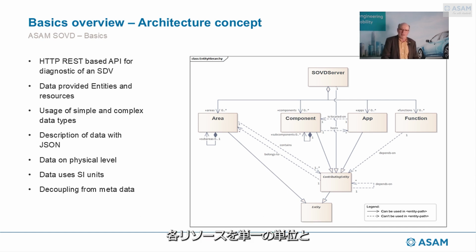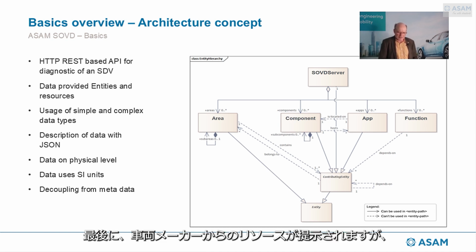We have the possibility that we combine each resource with a physical unit. And we have here used the ASAM concept of the representing of SI units and abbreviated units from the SI. Also, we have the possibility of metadata, and with the metadata, we can typically describe such things like max and min.